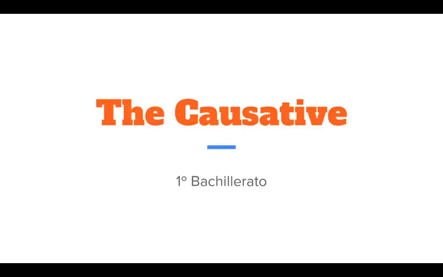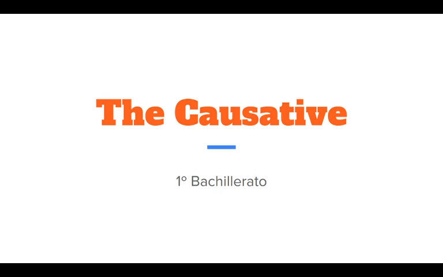Before we finish, we are going to introduce this structure called the causative. This is a structure that is quite common in English. It's used either for quite colloquial uses, mostly in conversation, or otherwise in formal writing.